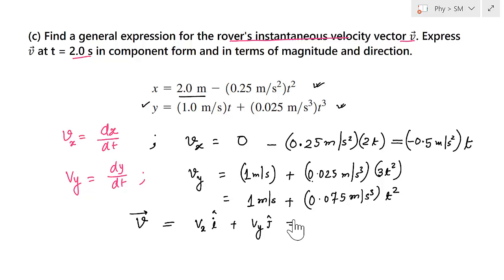So Vx in this case is minus 0.5 meter per second square t, and then I put i cap here, and then plus this term, that is 1 meter per second plus 0.075 meter per second cube t square, and this is j cap. So this is your velocity.